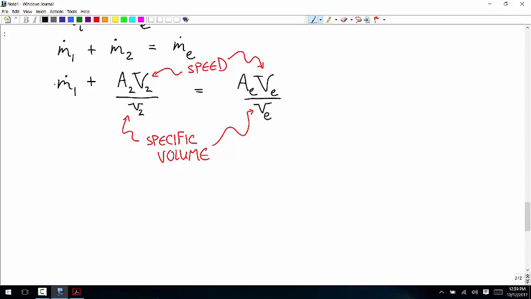Okay, so we're given that M1 dot is 40. So 40 plus A2 speed 2 over specific volume 2 is equal to AE times the speed at the exit divided by the specific volume at the exit. And now let's think about what we know about the second inlet and the exit.